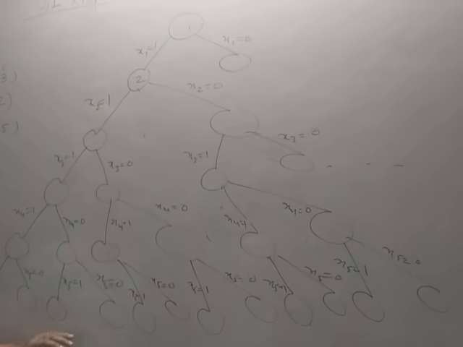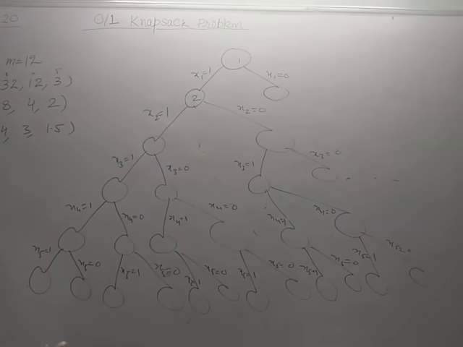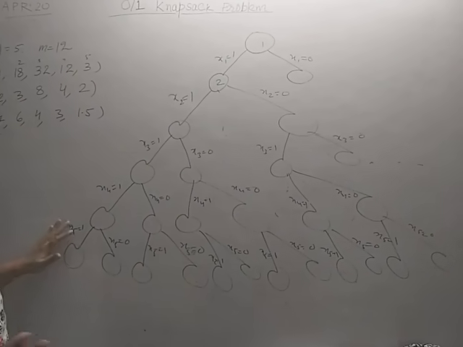Okay. So this is the state space tree for n equal to 5, where there are 5 objects.